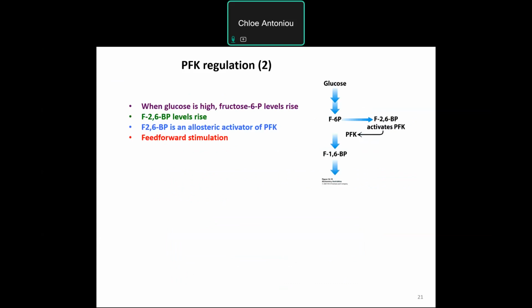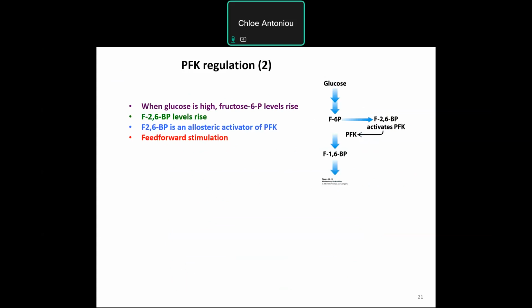Okay, another thing about PFK, remember PFK can convert fructose 6-phosphate to fructose 1,6-bisphosphate. That's the reaction it catalyzes. However, when concentrations of fructose 6-phosphate are high, PFK can produce what we call a side product.